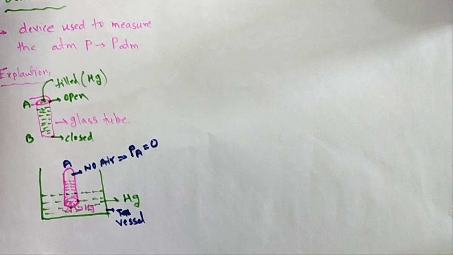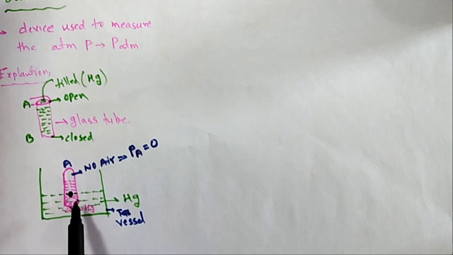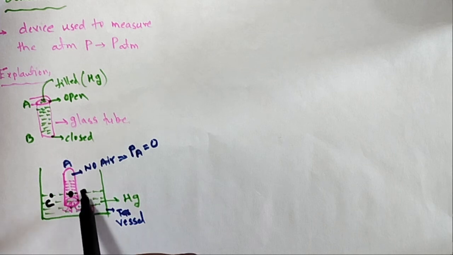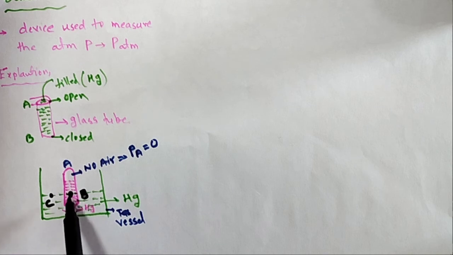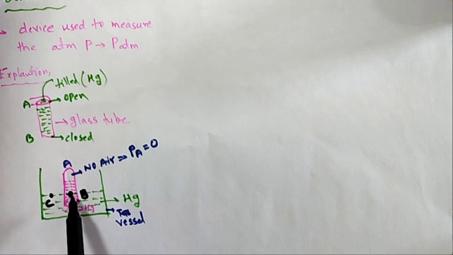Here I am taking two more points. One is point B, this black color, and another is point C. Point B is inside the tube, and point C is at the same level, on the surface of the liquid Hg.